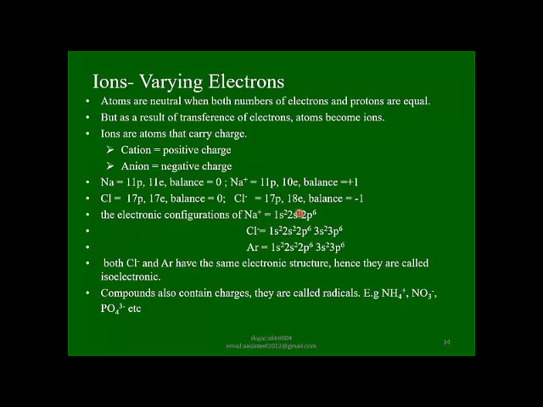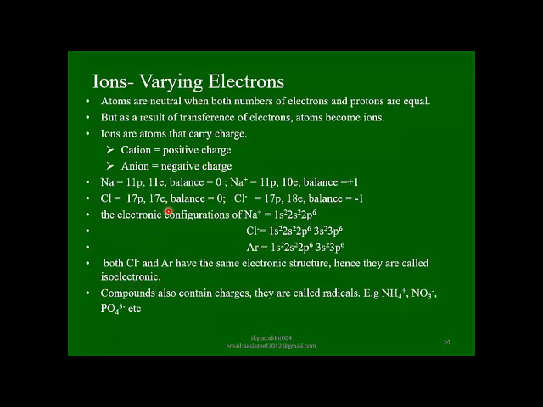When chlorine gains an electron, it has 18 electrons. Argon ordinarily has 18 electrons. So chloride ion and argon element have the same number of electrons, but they are different elements. We call them isoelectronic.